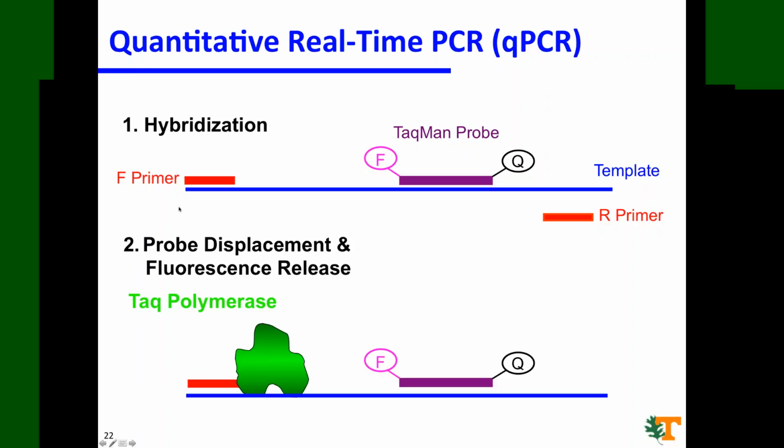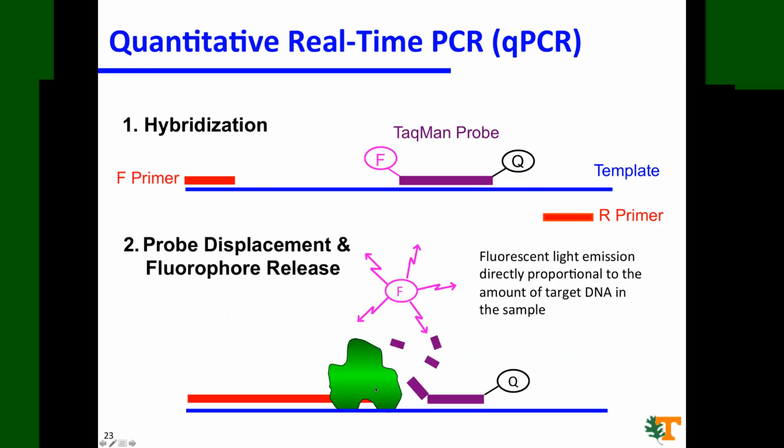So now you do the amplification. If the primer binds to your target DNA, the Taq polymerase recognizes these open positions here and extends that primer to replicate the DNA strand. And then it runs into this probe that blocks its path.